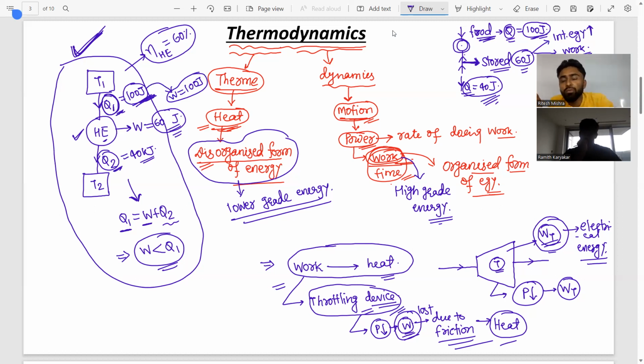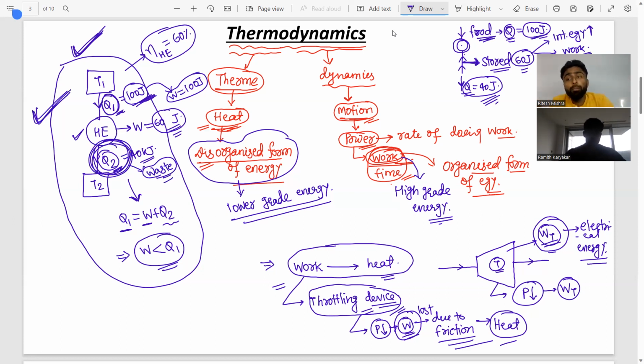Our aim is to increase the efficiency of this heat engine so that more heat is converted into work. That means we want very little heat to be rejected. We want this wasted heat to be of very small magnitude.